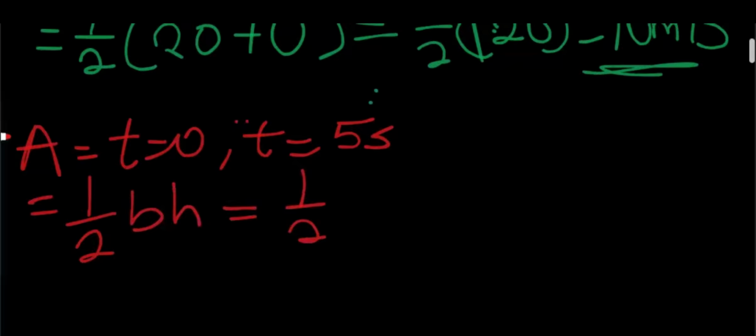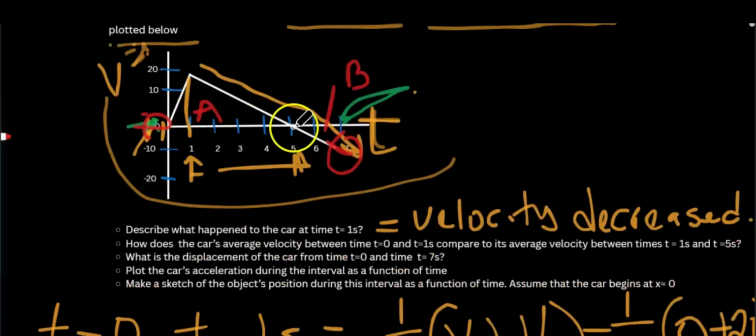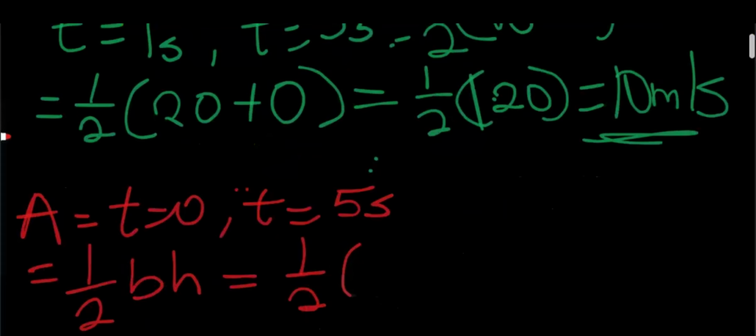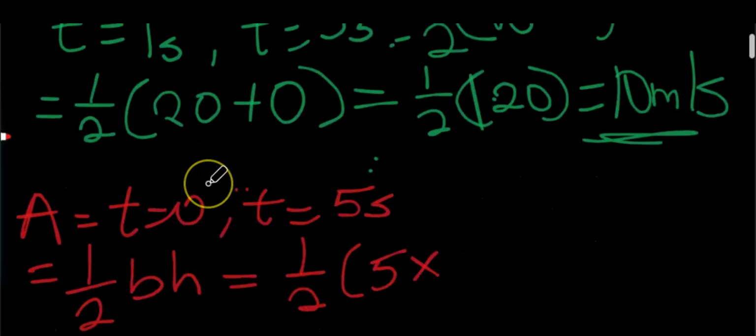So half, the base of this triangle is this base here on the x-axis, from 0 to 5, that is 5 seconds, times the height, which is the velocity here, 20 meters per second.